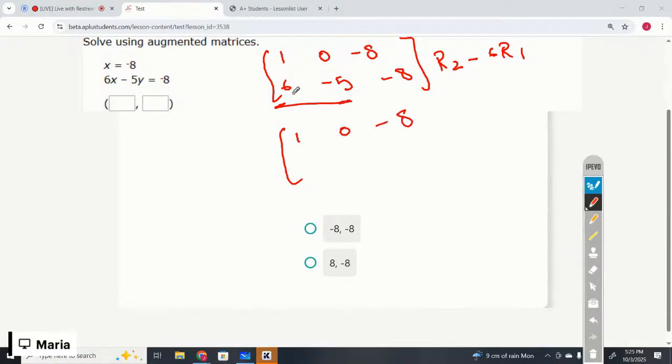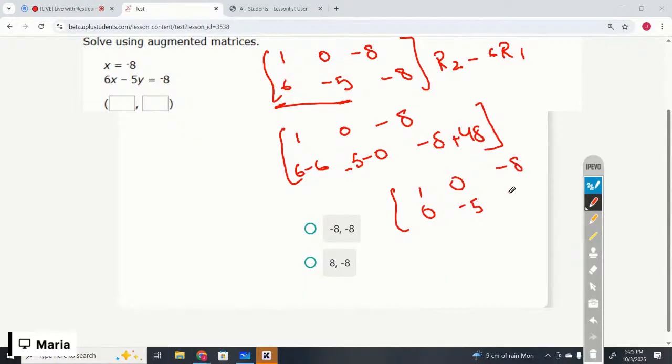That is 1, 0, negative 8, and 6 minus 6, negative 5 minus 0, negative 8 plus 6 times 8, which is 48. So we have 1, 0, negative 8 and 0, negative 5, 40.